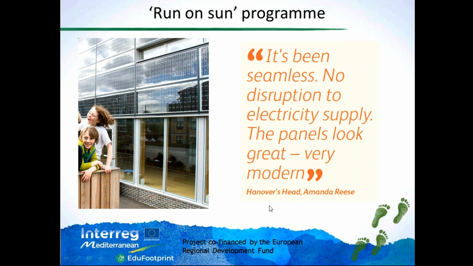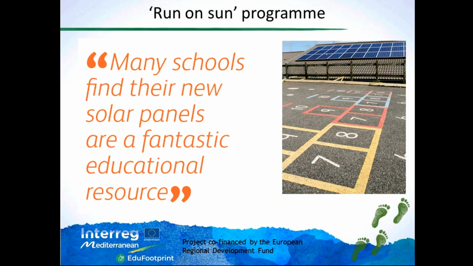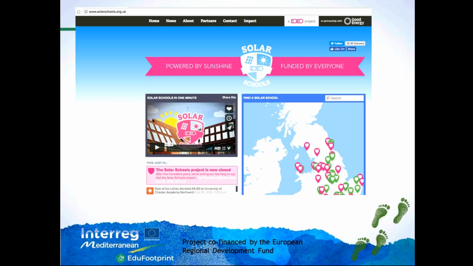So there is an innovative visual impact. And of course, since they are installed on schools, the educational role of these plants is very important. Having a plant there can really work like a permanent educational resource.